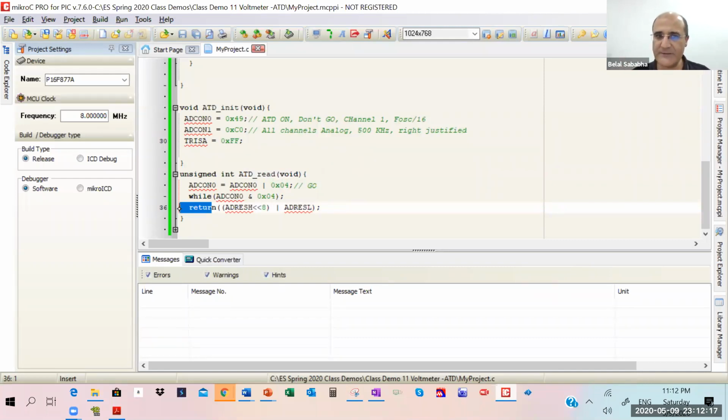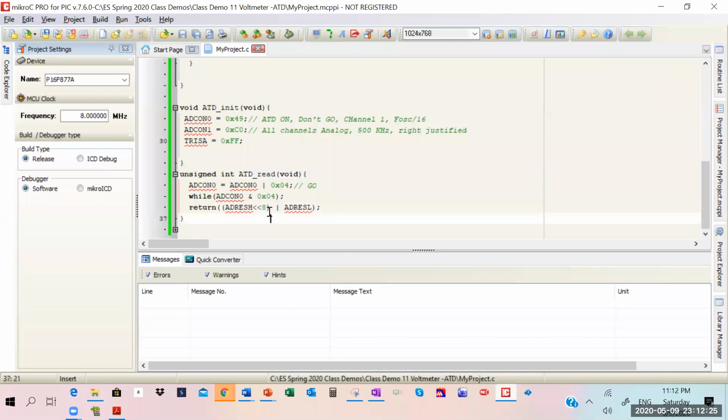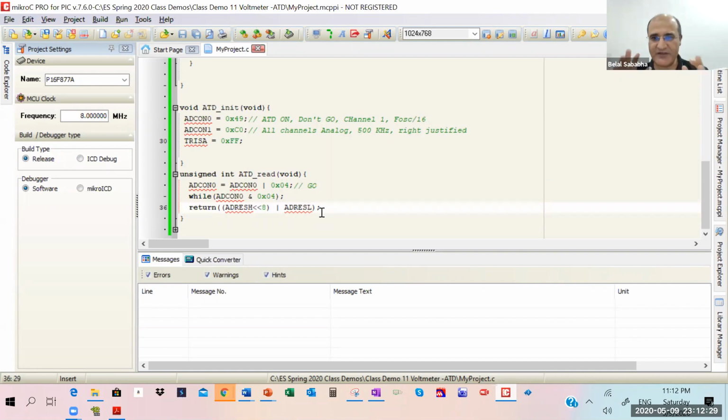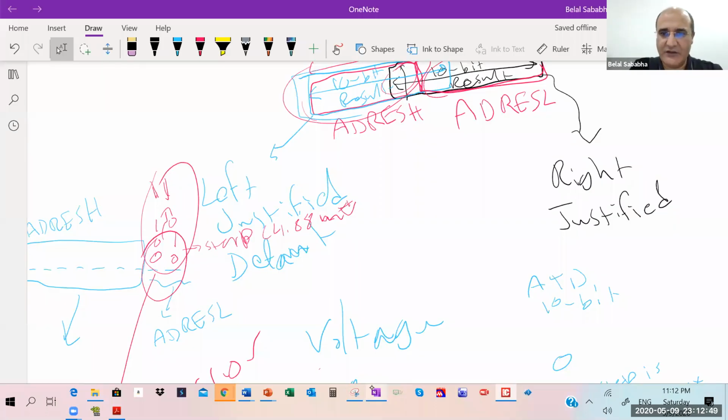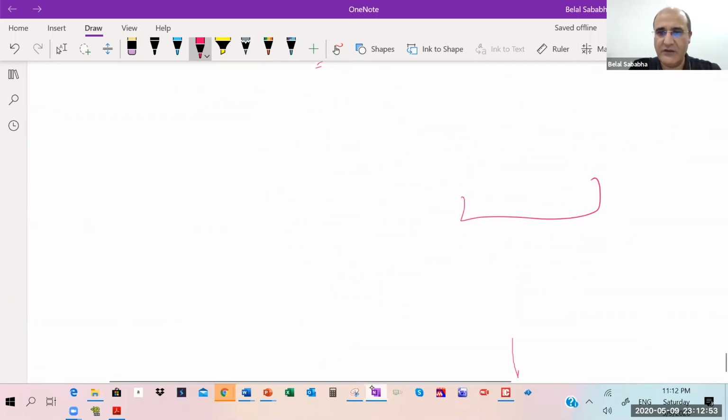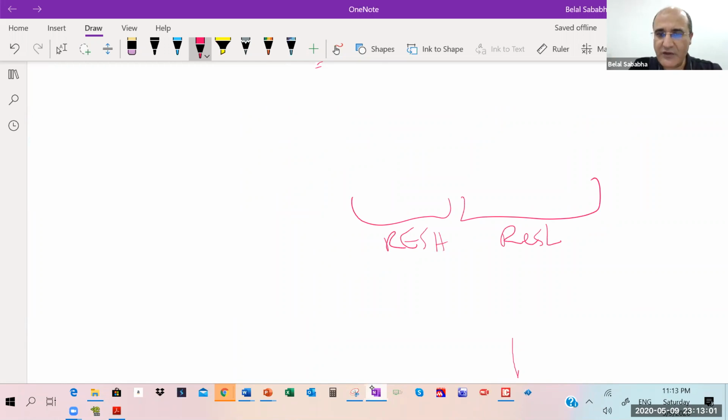Is this clear? Yes, guys. The last step, but once more, what is the last step? It's the shift. Once more, the result is 10 bits. The lower 8 bits are in ADRESL, right? And the higher 2 bits are in ADRESH, right? Here, meaning the result here, then result low, result high. I did right justification. So I have 10 bits, the 10 bits will be here: 1 2 3 4 5 6 7 8, 9 10.